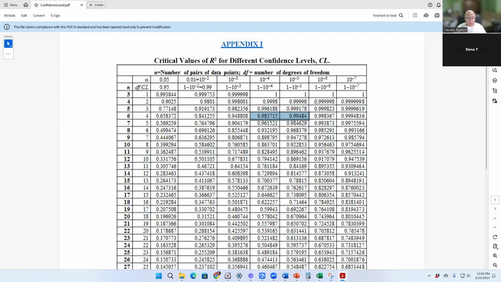Yes. So the CL of your experiment is going to be between those two values. See the CL right here? That's the row for the CL. So the lower bound of the CL is going to be 1 minus 10 to minus 4 and 1 minus 10 to minus 5. Lower bound, upper bound.